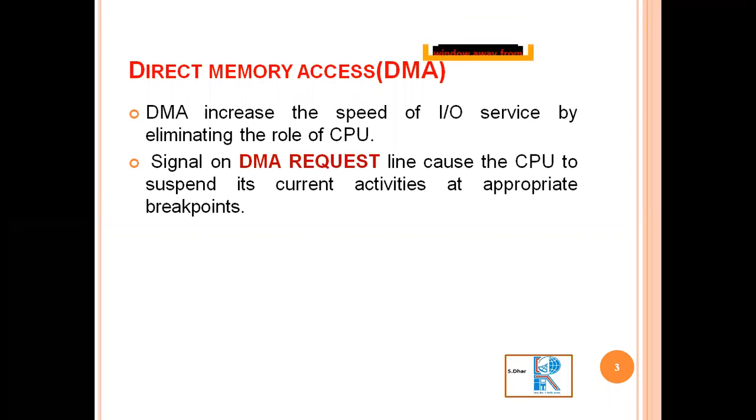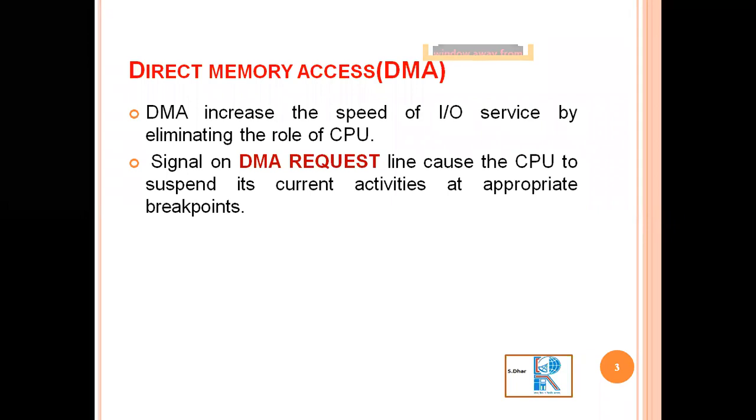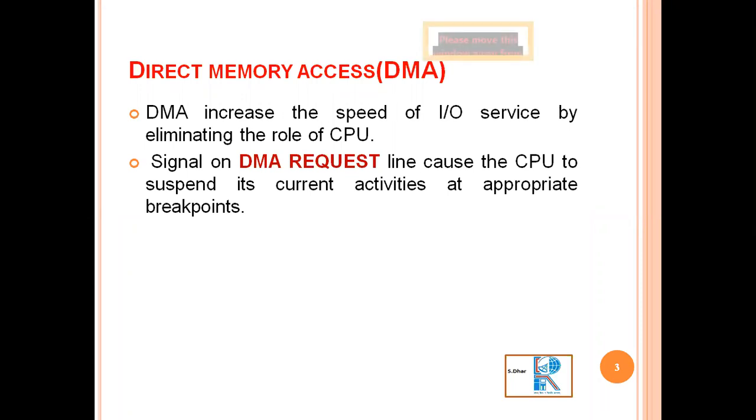If the CPU does the I/O operations, it has to wait, because the I/O device is directly connected with the human, and humans are very slow. So obviously the I/O device will be slow compared to the CPU. If the CPU takes the responsibility to control the I/O, its performance will decrease. But in case of DMA, there is no requirement of the CPU. DMA will transfer the data from I/O to memory and memory to I/O. So obviously the performance of the CPU and the whole system will increase.